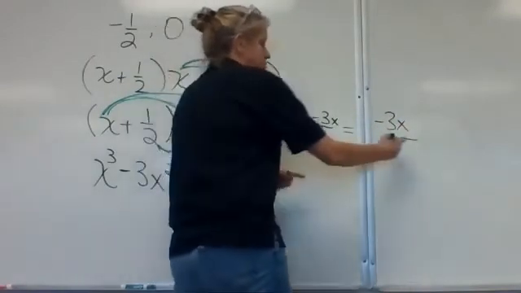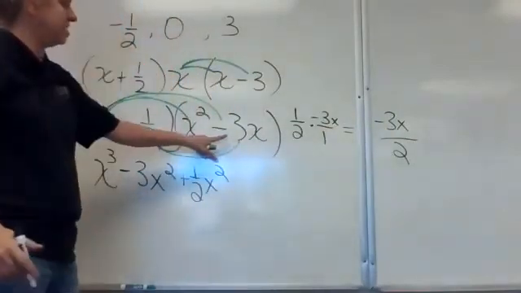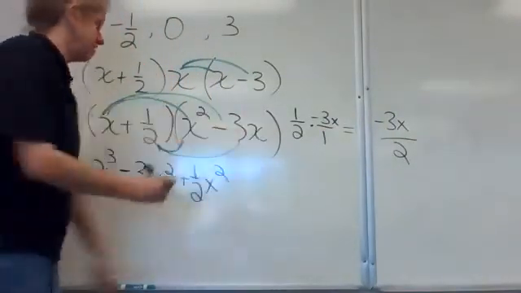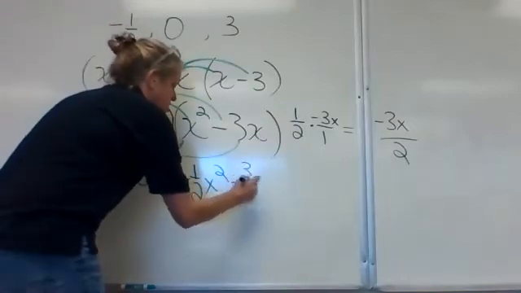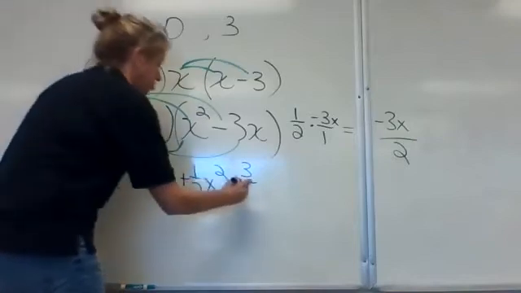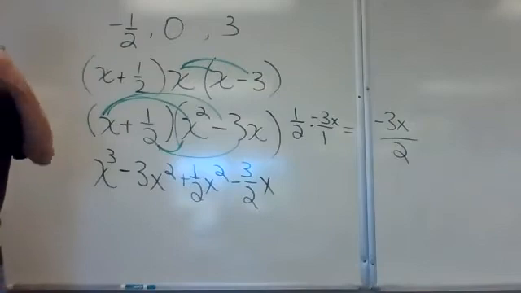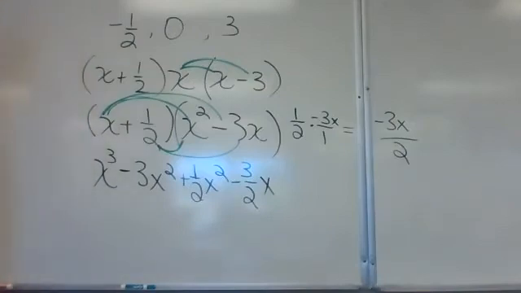And the bottom, 2 times 1 is 2. So when I multiply this positive 1/2 times negative 3x, it gives me negative 3x over 2, however you want to write it.